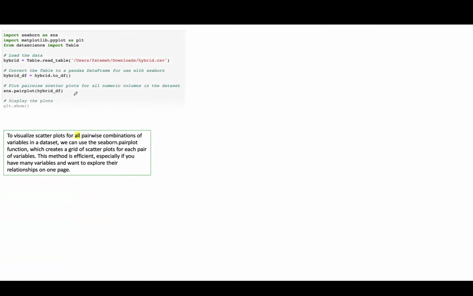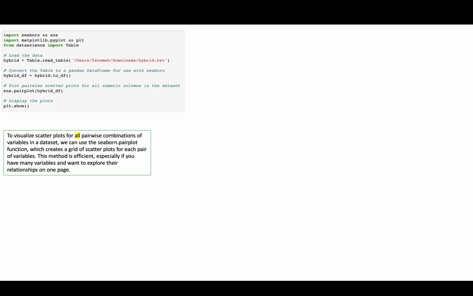Now, the question is, how can I visualize all of these scatter plots for all of these variables in one page? You're going to use Seaborn. Take a look at the code, run it in your Jupyter notebook.